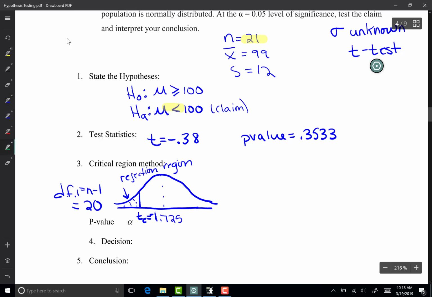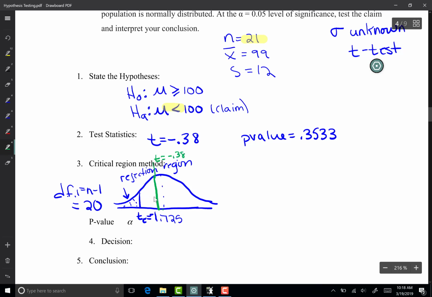My test statistic is negative 0.38. So if this is 0, and this is negative 1.725, negative 0.38 is going to fall somewhere right here, right? So I'm going to go ahead and draw that in. That's my t, negative 0.38.